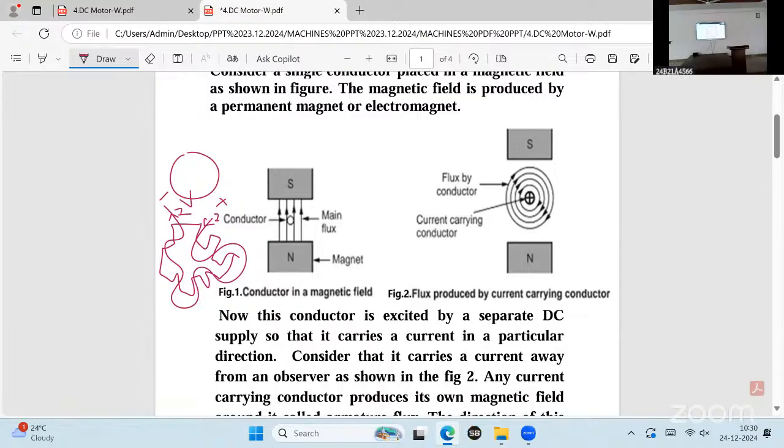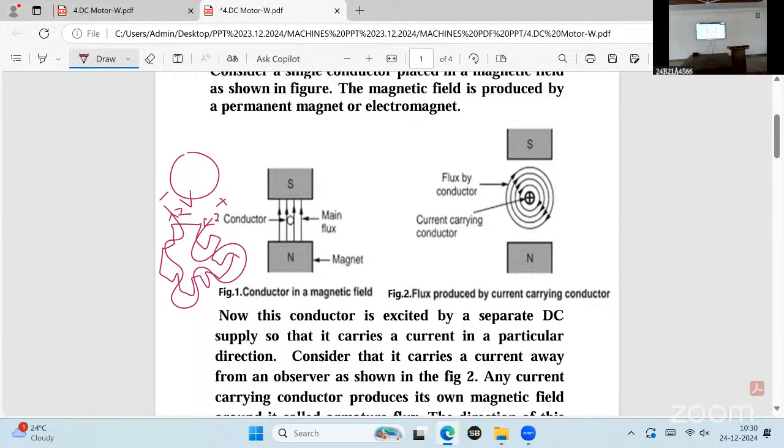What rule do we have to apply? The right hand thumb rule, to exactly know the direction, clockwise or anti-clockwise. We are not applying it because we need some more data. So we don't require it now. My assumption is a clockwise armature flux.